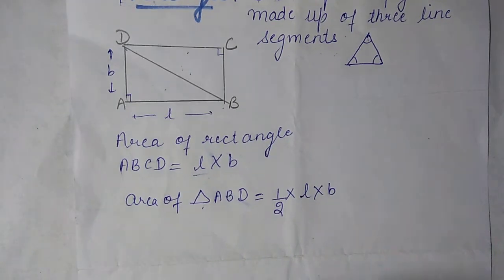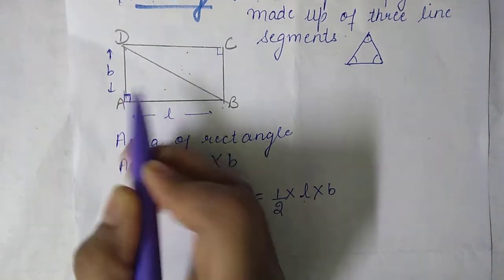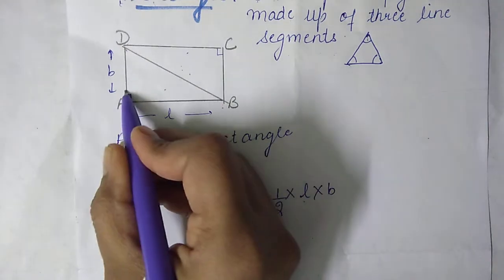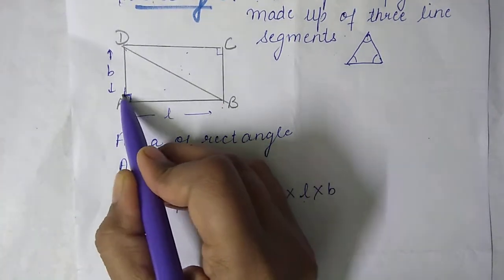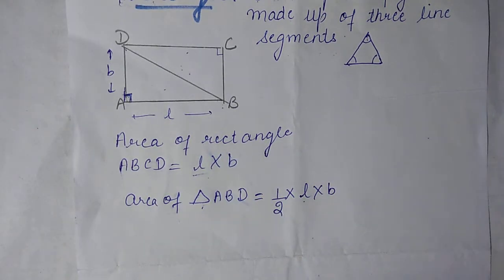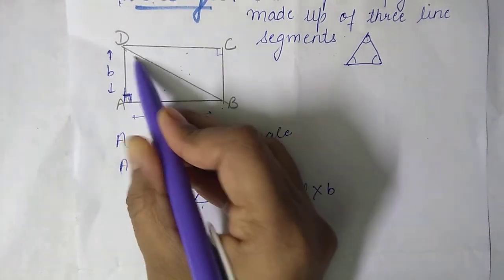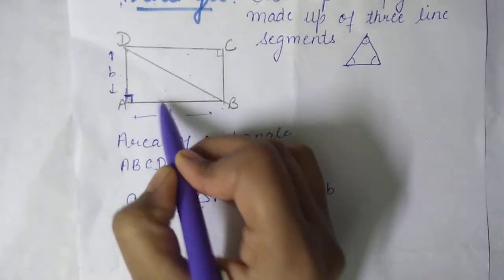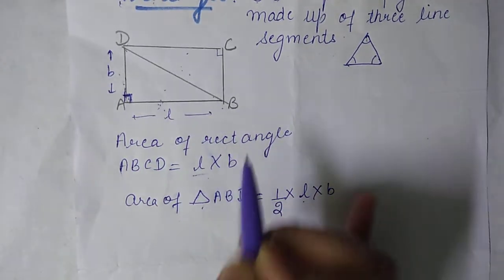Now as this is 90 degree, if there is a right angle triangle, we can name the sides of a right angle triangle, as we have learned in Pythagoras property, that opposite to 90 degrees we have the hypotenuse, and among these two we can take one of them as base and one of them as perpendicular or height.